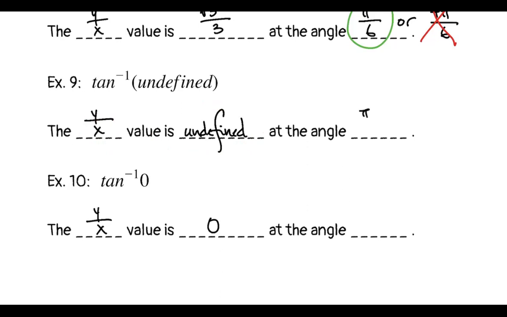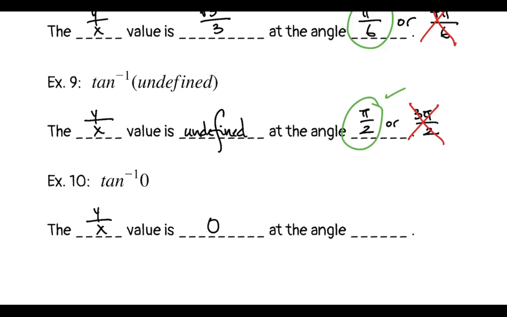We've got pi over 2 or 3 pi over 2. Which one gets the big red X? Yeah, this one is not in the range, but pi over 2 is. Great.